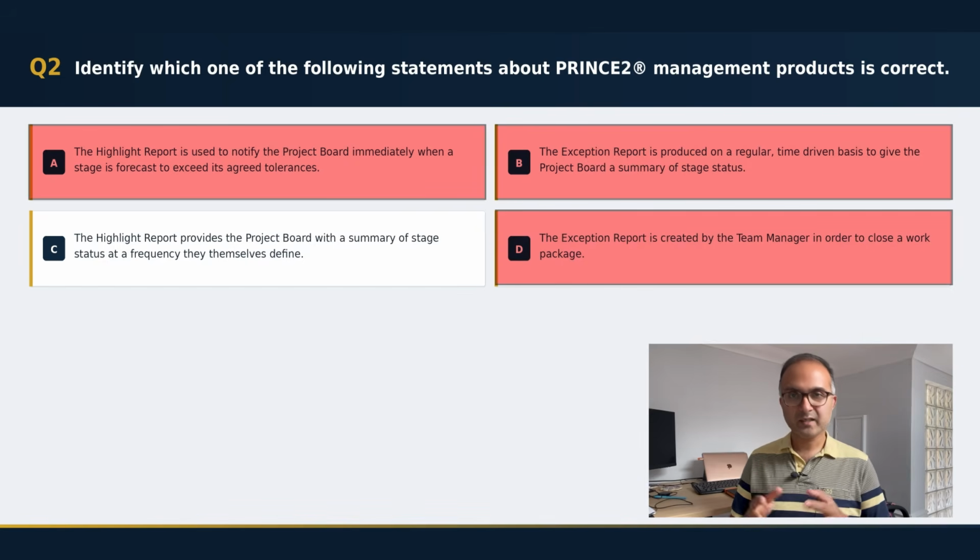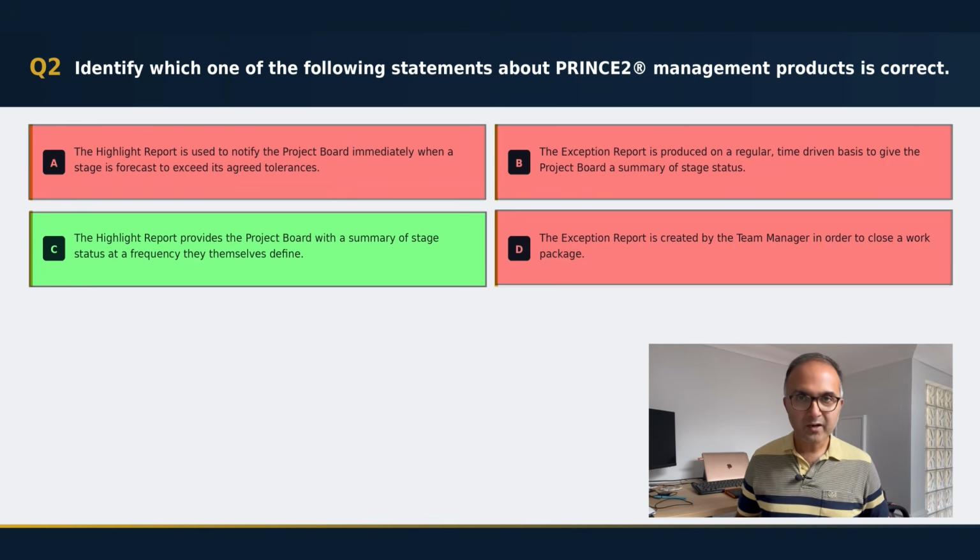Option D is incorrect as well, because the exception report is produced by the project manager, not the team manager, and has nothing to do with closing a work package. So the correct answer to this question is option C, because the highlight report is time driven, okay, and the project board sets that frequency, right? So once you separate time driven controls from exception driven controls, this category of elimination becomes very, very easy, right?